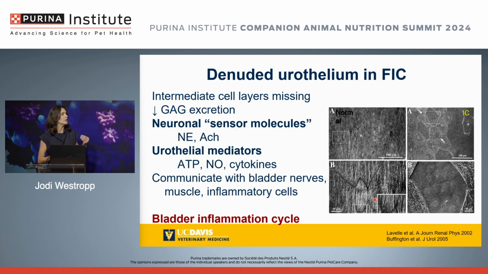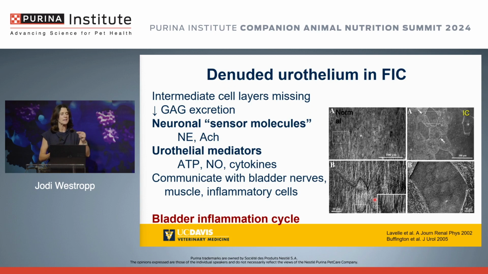Dr. Lori Birder at the University of Pittsburgh, she was one of my PhD advisors. She would always tell me, those little umbrella cells, they can act like little neurons. She would get super excited and say, some of these umbrella cells can act as little sensor cells to things like norepinephrine and acetylcholine. And they can be mediators.